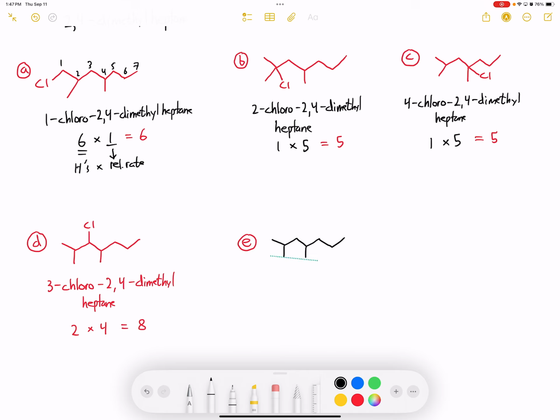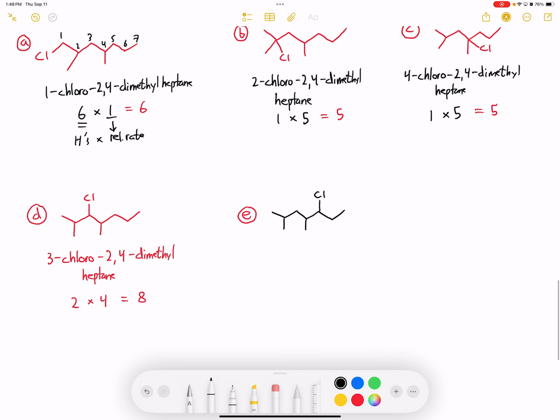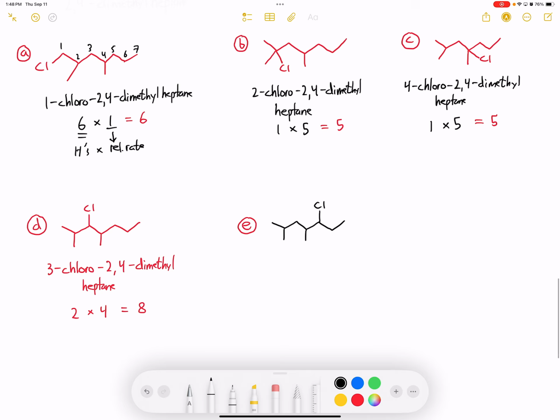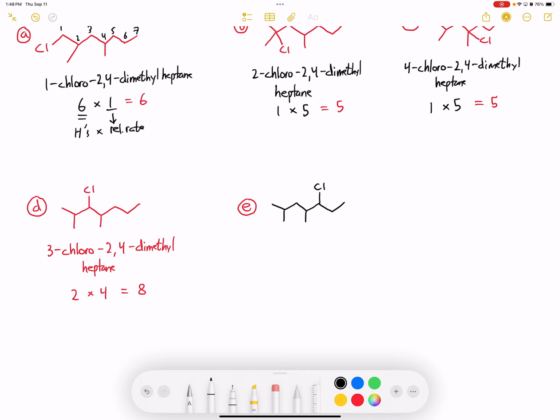So that's how you can tell you drew a different structure. All right, Cl right there. Okay. So the names we drew so far, they all look different. So 1-chloro, 3-chloro, 4-chloro, 2,4-dimethyl. All right, but now here we get a different name, I would think.